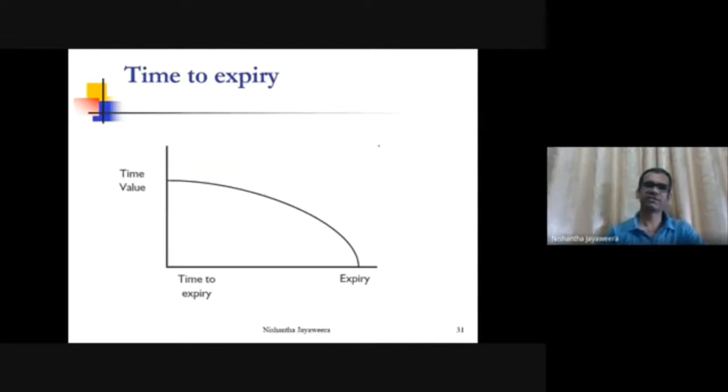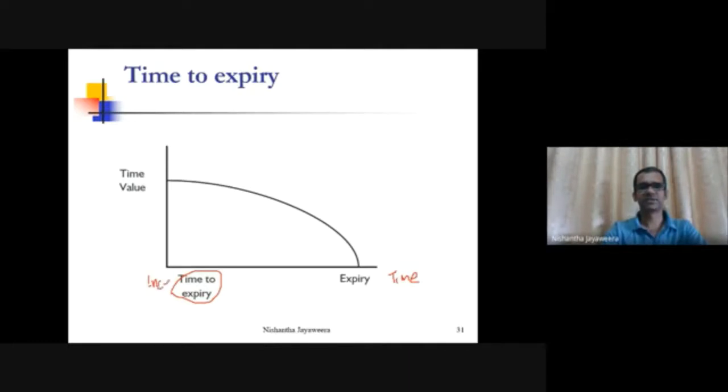It is shown in this graph. Even though this says time to expiry, remember at this time it is the longest time to expiry, or you can say this is time, then this is the inception date.